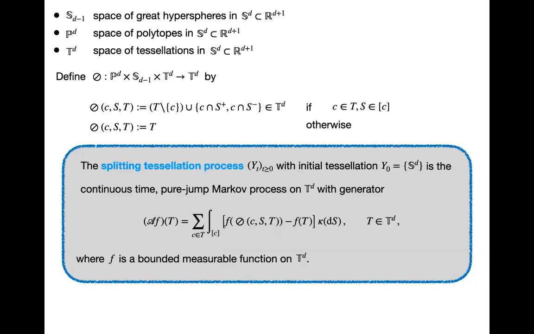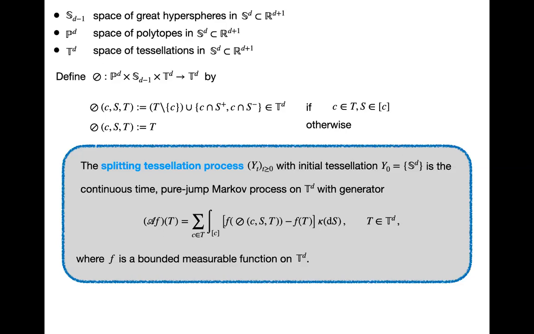And you do this, as I said, for a spherical tessellation T and a bounded measurable function on this space of tessellations. And this is the continuous time Markov process description, which is completely equivalent to the algorithmic description that I gave at the beginning.